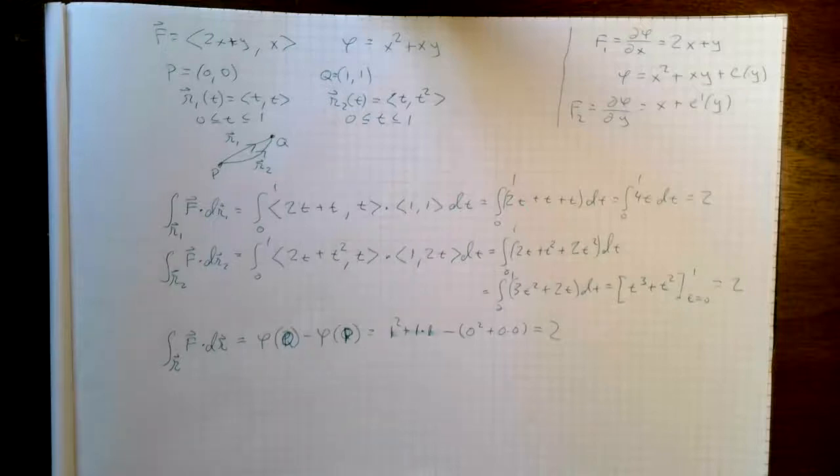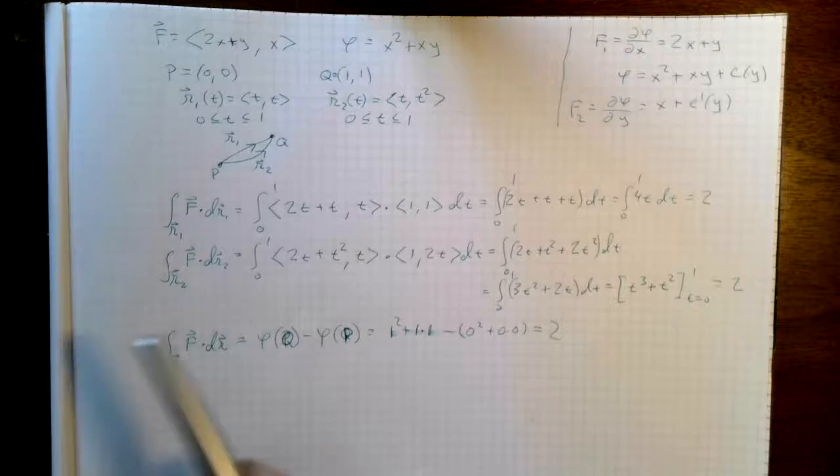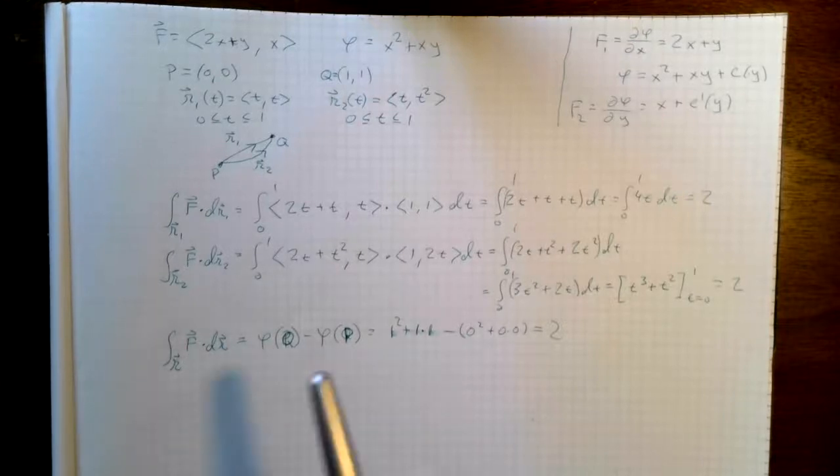You can use this in various ways in computations. It's not always that this is easiest. Maybe I can't really find the potential easily, but maybe I know that it's a conservative vector field.